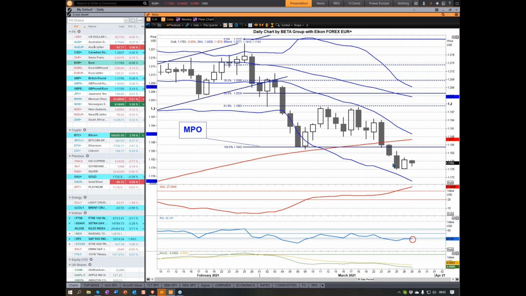So everything's negative here. The only thing on the averages, the 20 is still above the 50, and both of them are below the 200 here. So that's sort of not, but that's about to change. I think the 20 is about to go below the 50, and then they'll have fanned out 200, 50, 20.